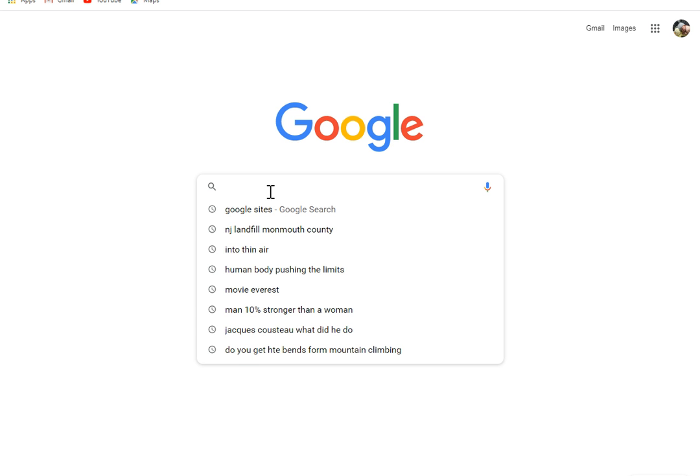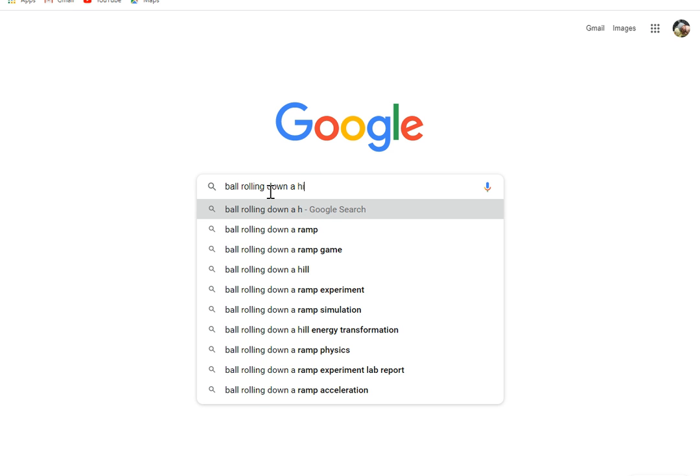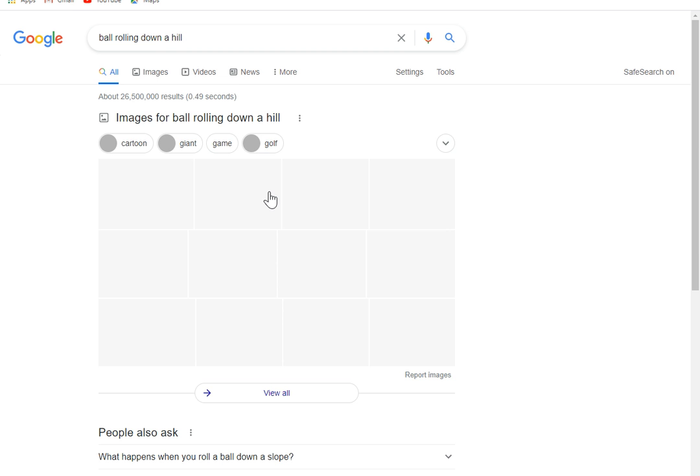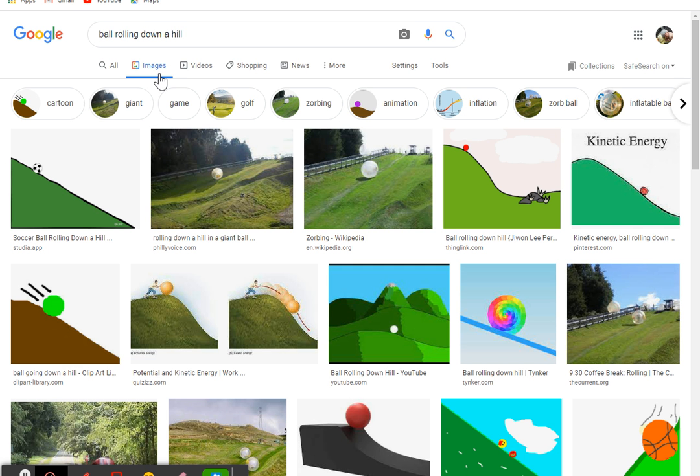The ball rolling down the hill. Anybody else? Other pictures? A person jogging. Okay, so let's do. This is a good one.